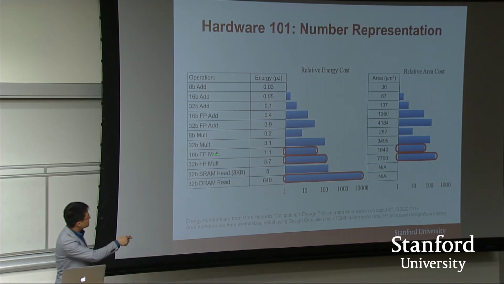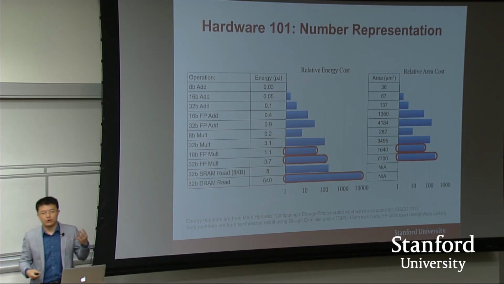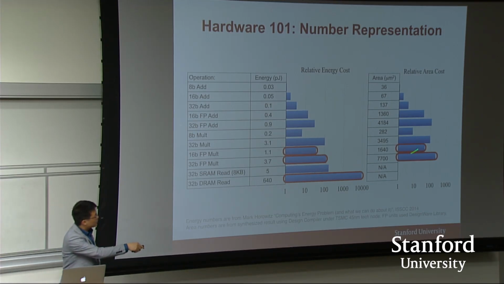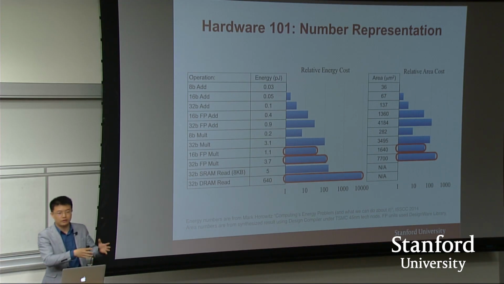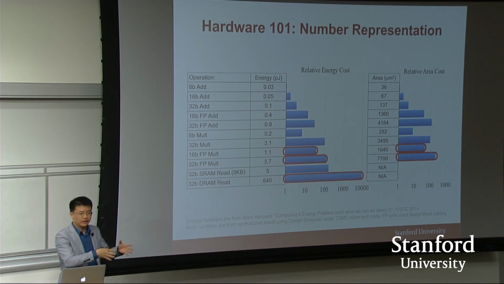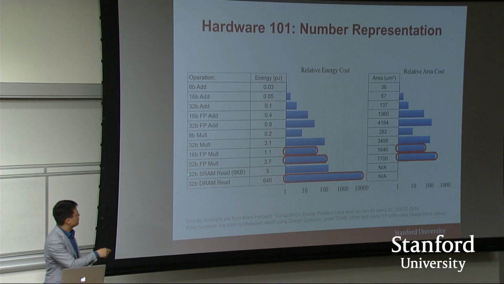In particular, going from 32-bit to 16-bit, we have about 4 times reduction in energy, and also about 4 times reduction in the area. Area means money. Every millimeter square takes money to tape out a chip. So it's very beneficial for hardware design to go from 32-bit to 16-bit.